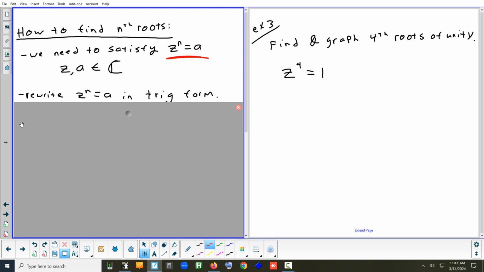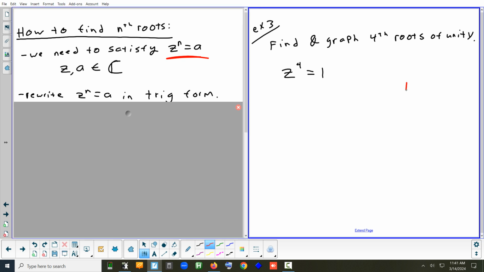Just the number 1. If you're confused because it doesn't have an imaginary part, then think of it as 1 plus 0i. It's a very easy number to write in trig form. What's the radius of the point 1 and then 0i? 1. Radius is 1.